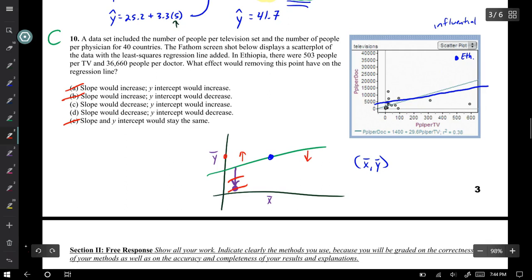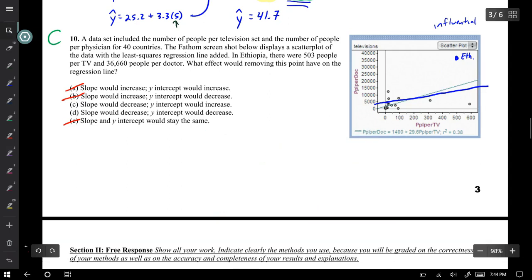So it's very interesting to look at, and I went off on a sidetrack. What happens is based off of what location you are in relationship to X bar, Y bar. That is key for determining this.